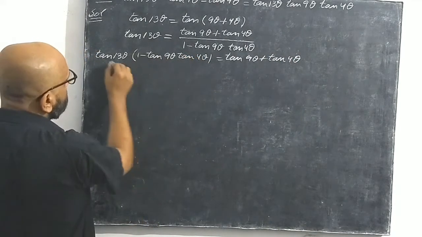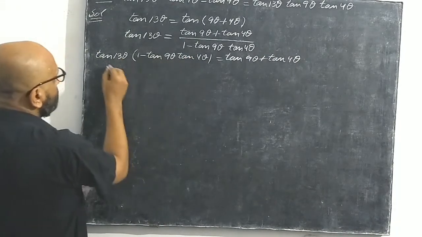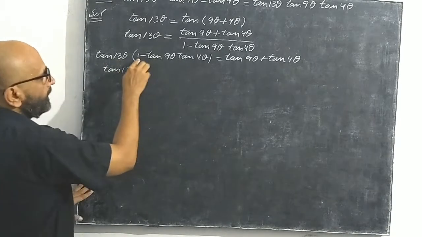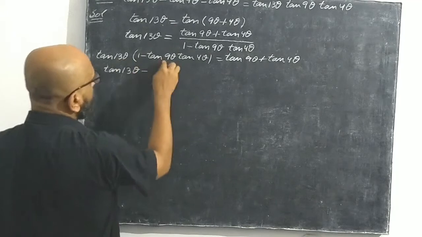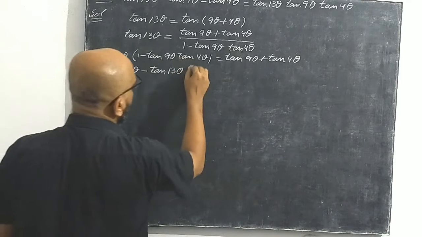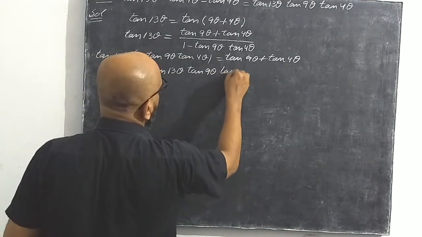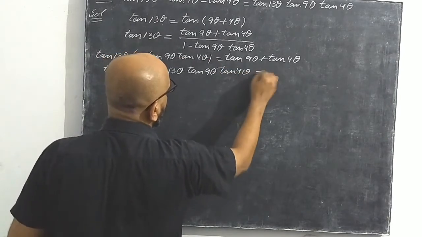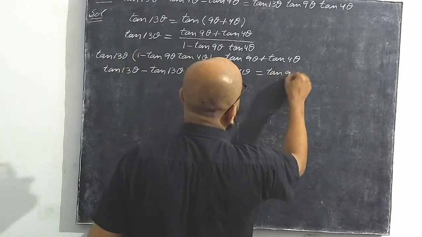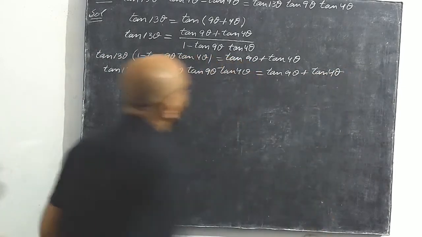Now opening the bracket, tan 13 theta will multiply both the terms. So we have tan 13 theta into 1 as tan 13 theta minus tan 13 theta into tan 9 theta into tan 4 theta is equal to tan 9 theta plus tan 4 theta.